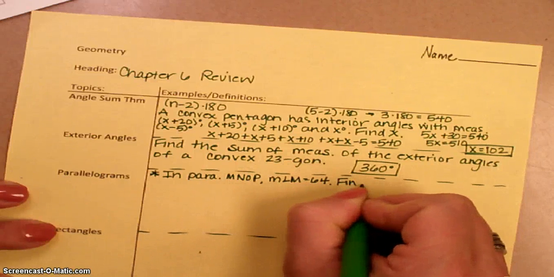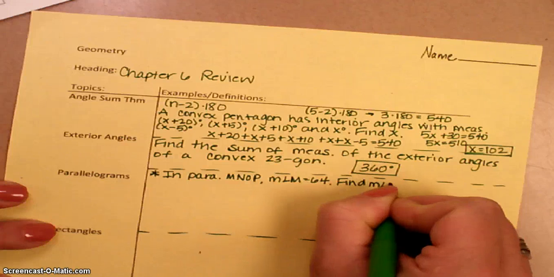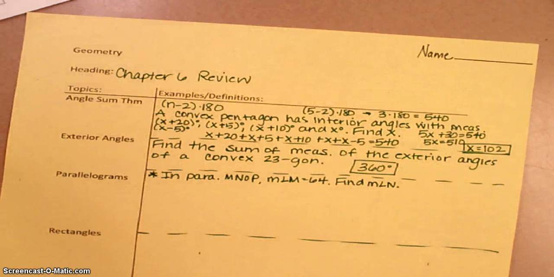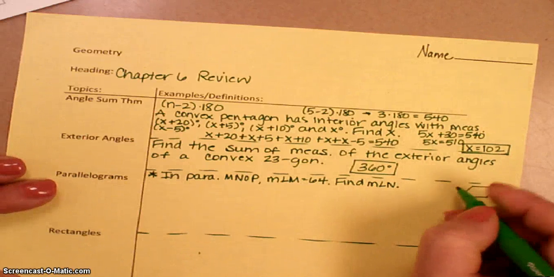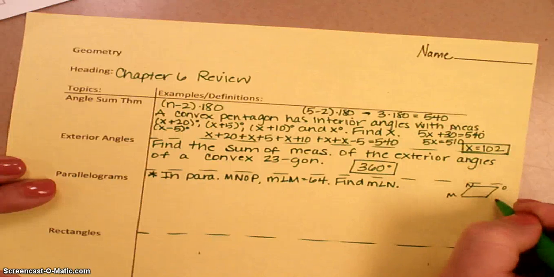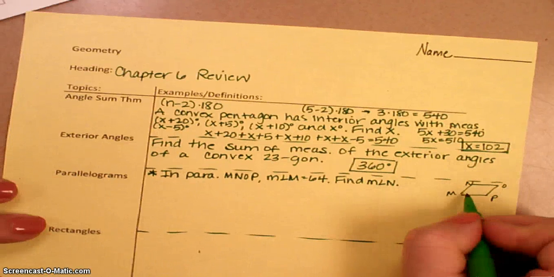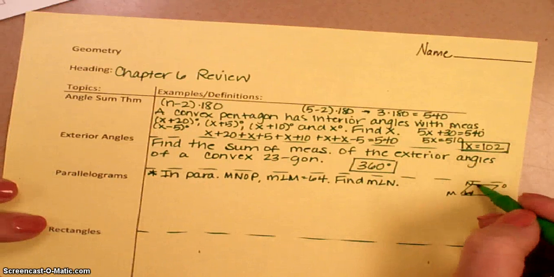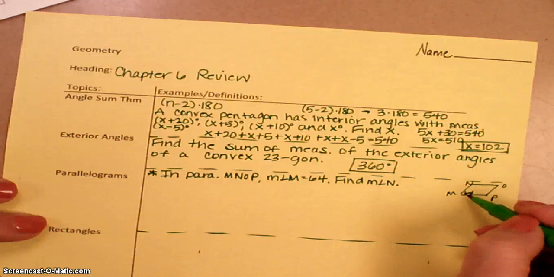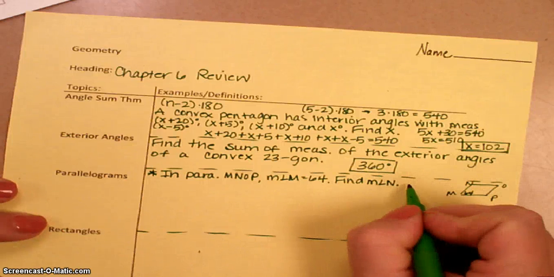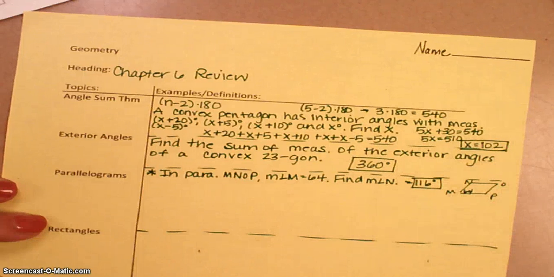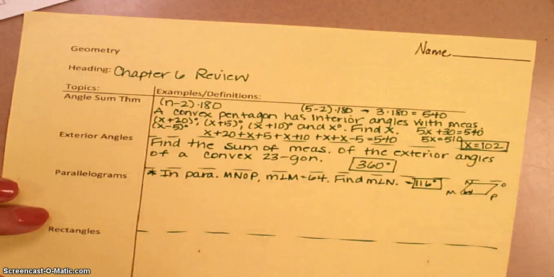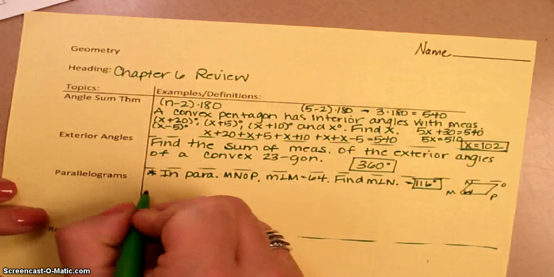We want to find the measure of angle N. Well, if M is 64, wouldn't these two be supplementary right here? So 180 minus 64 is 116, because we know the consecutive angles are supplementary in a parallelogram.